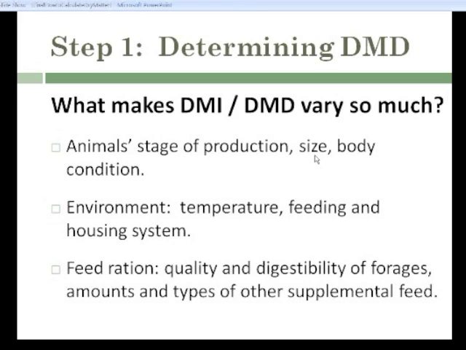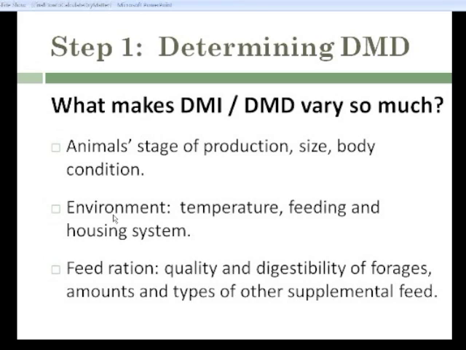And so, for example, a cow that's making a lot more milk than another cow will also likely be eating a lot more dry matter than a cow making less milk. Other things that make dry matter demand change is environment, including the temperature where the animals are, the feeding system, and the housing system.